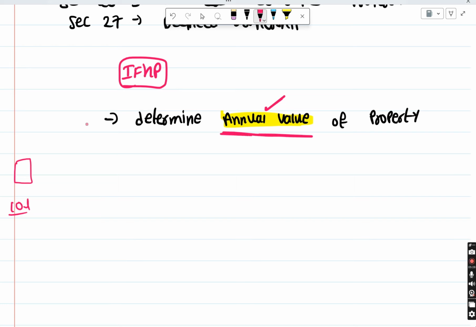So first we need to find out the annual value. That annual value only we will tax. Now the question is, how do we find out the annual value? What is the method? That is discussed under section 23. So section 22 says under IFHP you need to tax the annual value of the property.